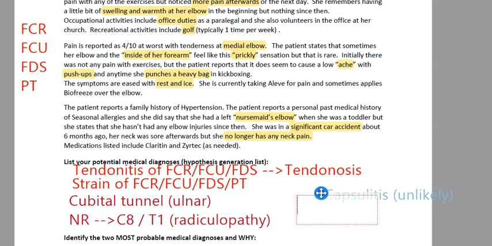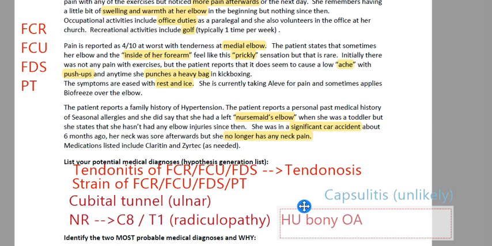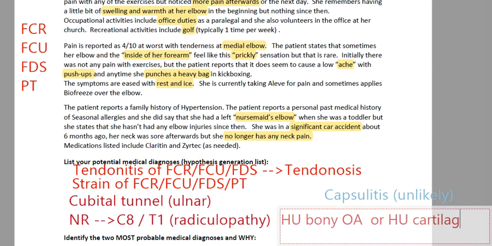So with that, could there be some type of HU, humeral-ulnar bony arthritis that was inflamed by the recent activity? Could there be some HU articular cartilage injury? So those are possible as well.